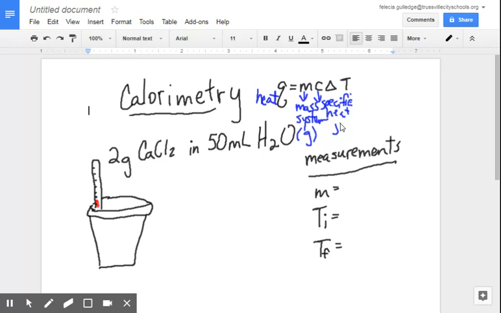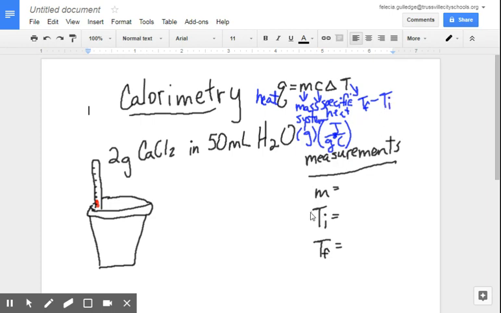What we measure specific heat in is joules per gram degrees Celsius. So we actually do leave our temperature in degrees Celsius here. Then we have our last component of the equation, delta T. Delta means final minus initial temperature.